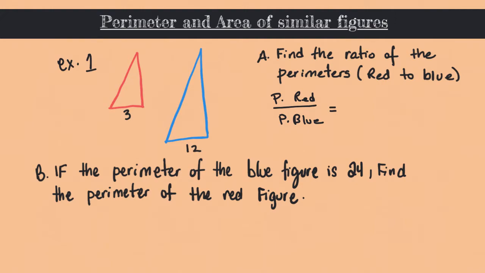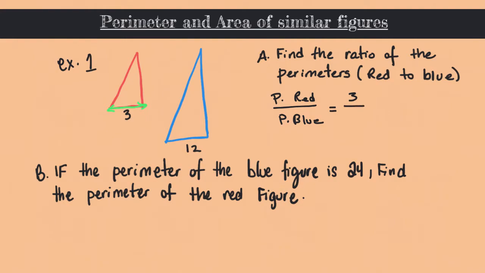So let's go ahead and look for corresponding side lengths of our two figures. Well, we are given values for the base of our triangles, so that will be the best option when we're trying to find corresponding side lengths. Okay, so the base of our red triangle is 3. That goes into our numerator.